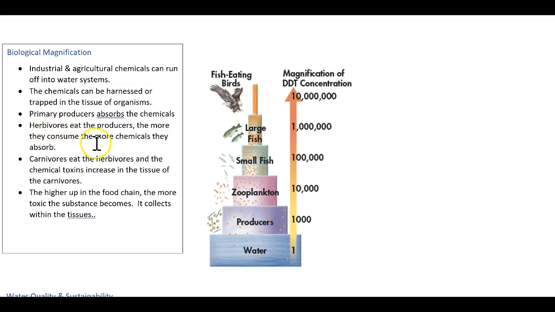Then the herbivores that eat the producers, they'll consume more of the chemicals and absorb more. The carnivores will eat the herbivores, and the chemical toxins increase in the tissues of the carnivores. So the higher up the food chain, the more toxic the substance becomes as it collects in the tissues.